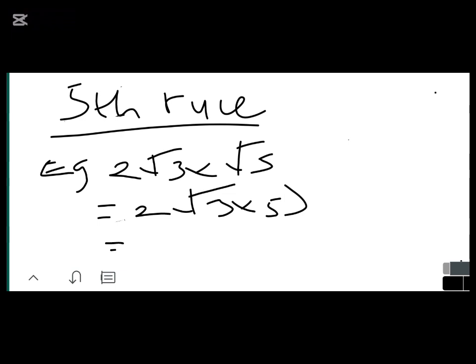So 3 times 5 gives us 15, and 2 square root of 3 times square root of 5 is giving us 2 square root of 15.